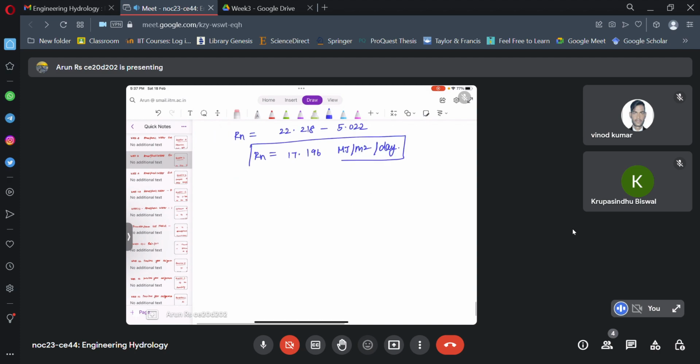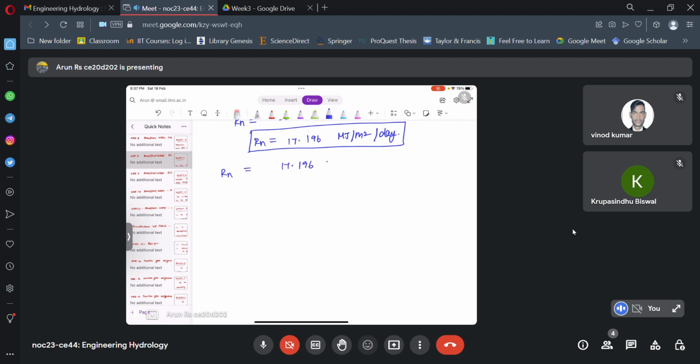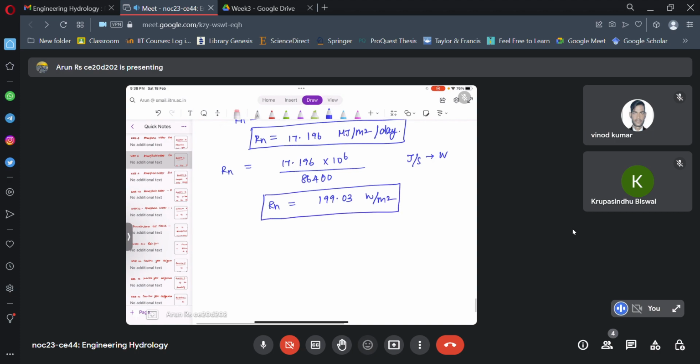So this is how we get the expression for net radiation. We need it in terms of watt per meter square, so I'm just converting it: 17.196 into megajoule to joule divided by 86400. Joule per second is watt, so 199.03 watt per meter square. Okay, so we are just computing it and keeping it, we'll be using it.